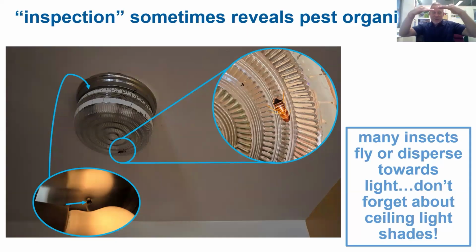Once they're in the ceiling void, the little bits of light that are present are going to be very attractive if they're trying to disperse out of that location. So this is an indication that we have Turkestan cockroaches present. There may not be a pest problem in this case, but it lets us know that Turkestan cockroaches are moving around in the structural void spaces.